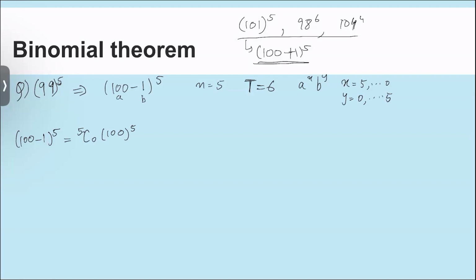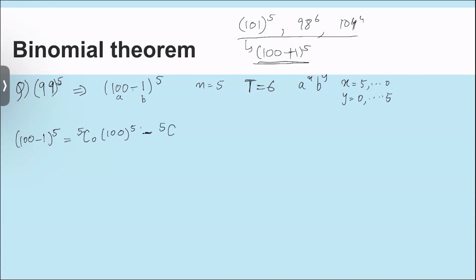Since for the first term b is raised to 0, it will be 1, so we don't write it. Now, since we have a negative sign, whenever we expand, the alternate signs are going to be negative. So since the first term has a positive sign, the second term will have a negative sign.